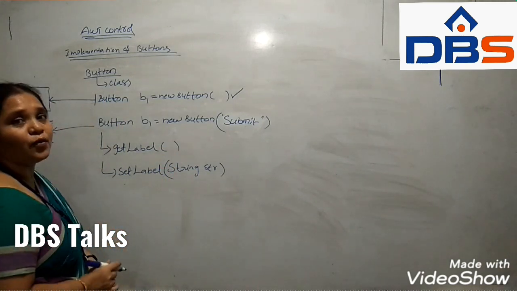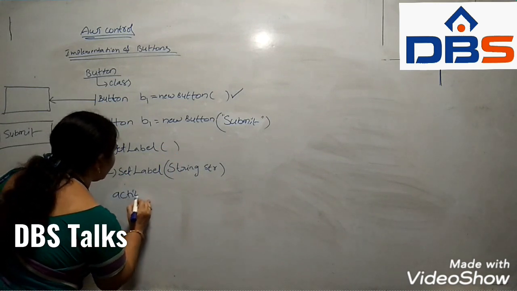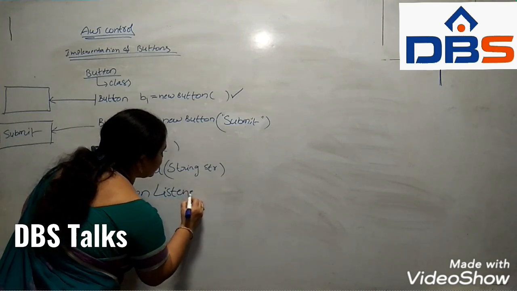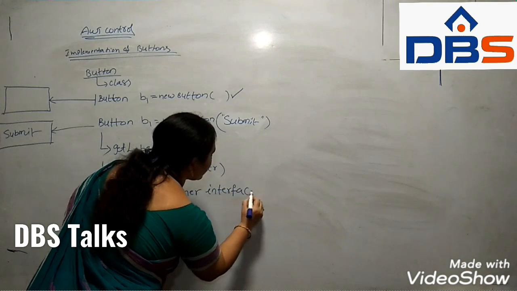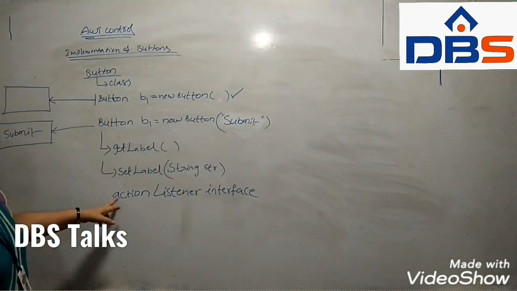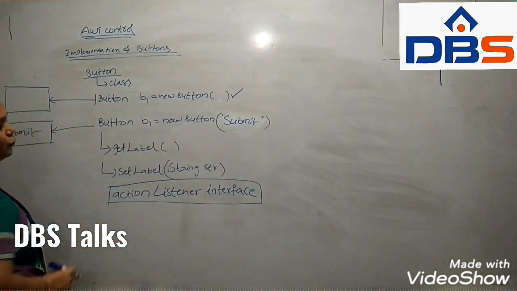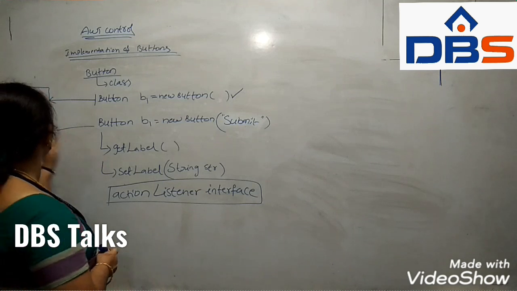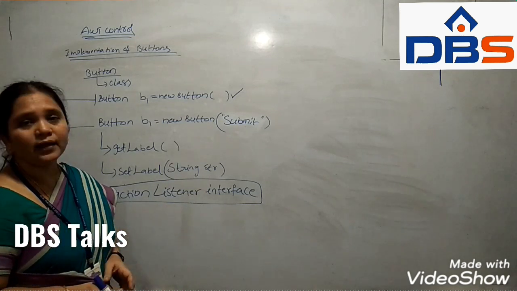In buttons we use the ActionListener interface for interaction. By using this ActionListener interface, we perform some events and actions. That is the main thing we are using.